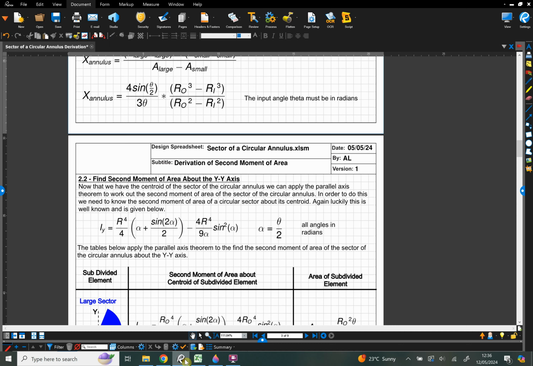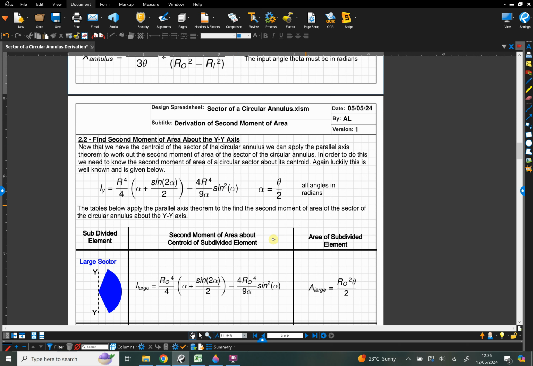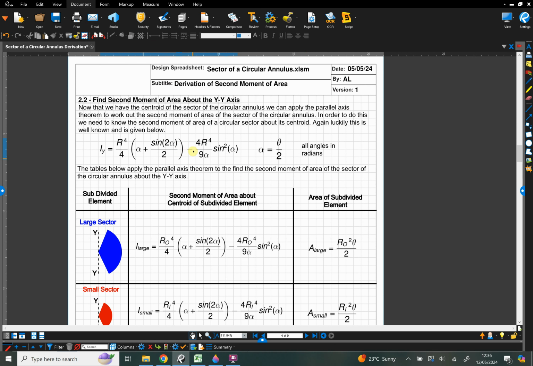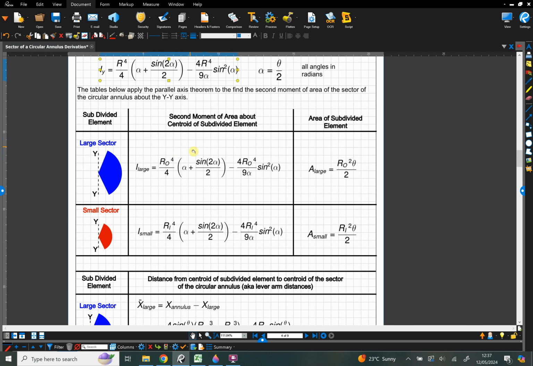Okay. And so in the table below, I've actually written all of this out for you. So this sort of nasty looking formula is to work out the I value for the circular sector, for a large and a small sector. And then the table below sort of splits it all out. So we have the I values for the large and the small circular sector. We have the cross-sectional area of the large and the small circular sector.